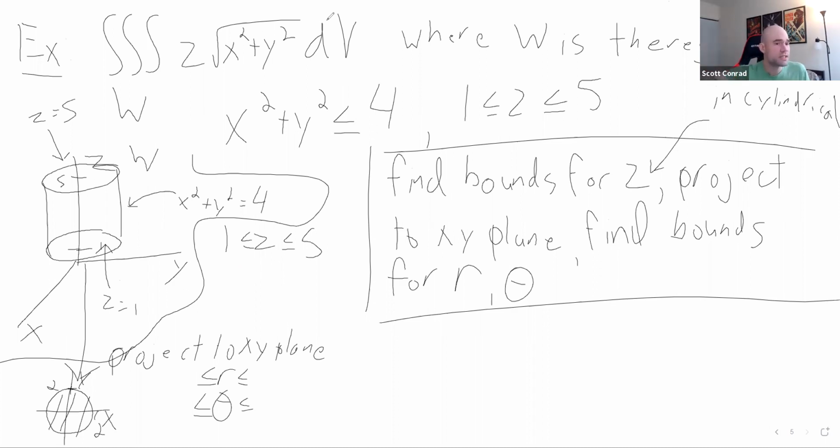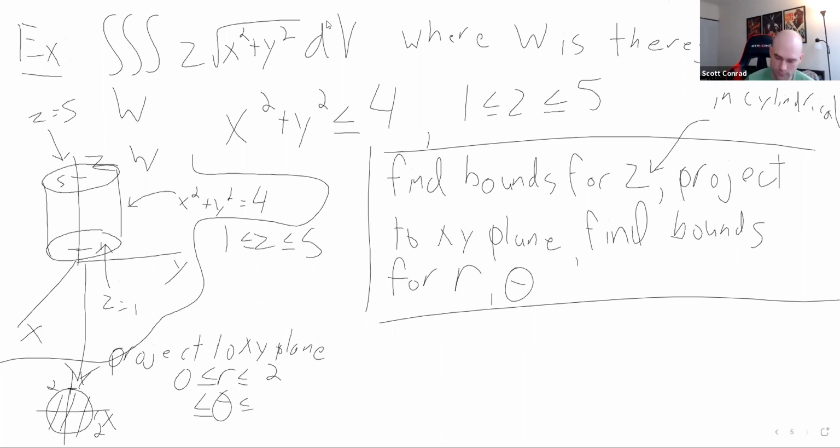Remember, if the origin is in your figure in polar, r is bounded below by 0. So the origin's in there, 0 is automatically the lower bound. And then you draw your line out from the origin and see the outer curve that this hits. Well, the outer curve is r equals what? r equals 2.